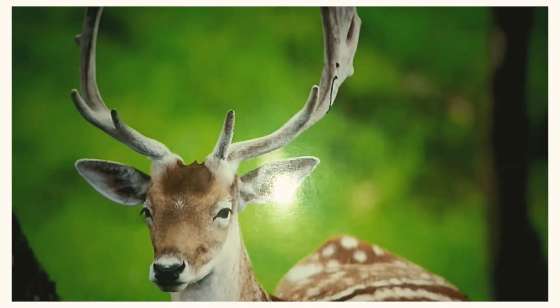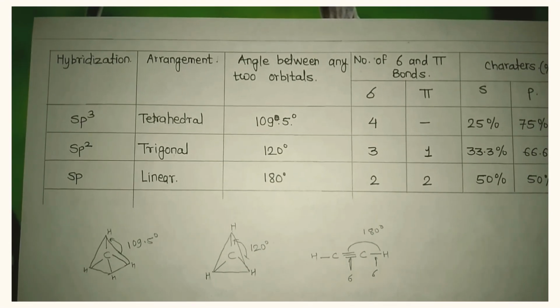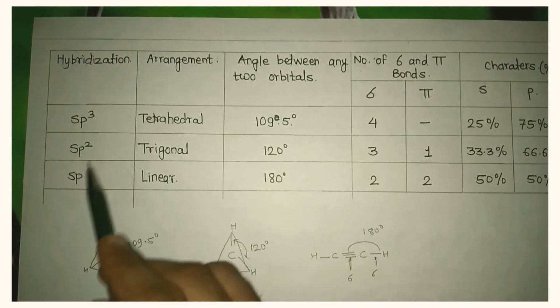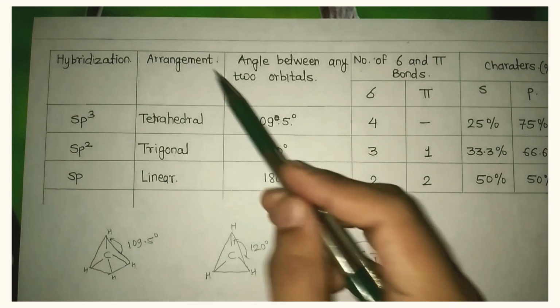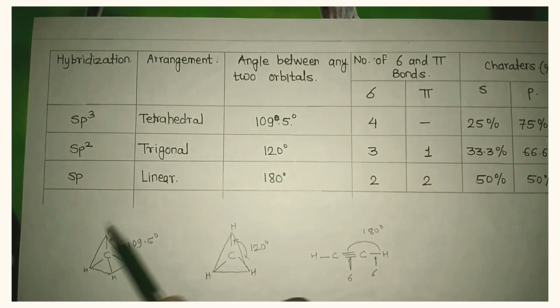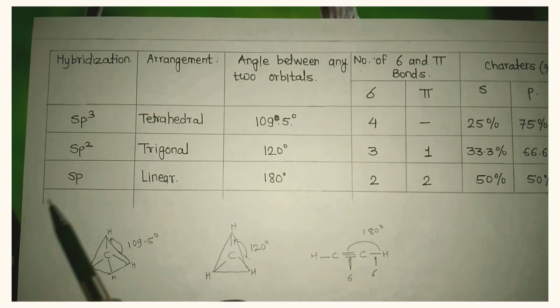So we will summarize it with the help of this table. For the hybridizations sp3, sp2, sp, the arrangement is tetrahedral, trigonal like a triangle, and linear like a straight line.